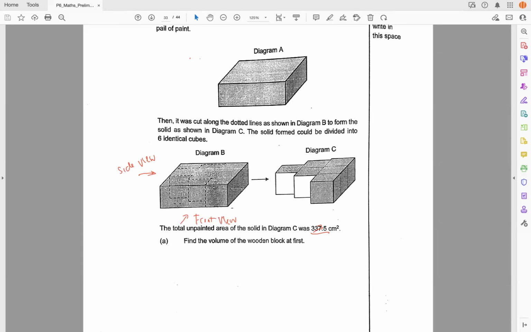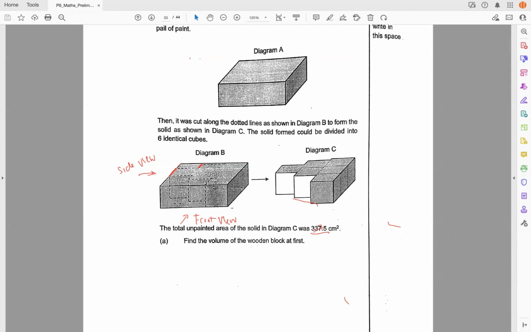Now, from the side view, how many squares are unpainted here? From the side view, you can see how many squares there are. 1 square, 2 squares. Actually, from the side view, there are altogether 3 squares.